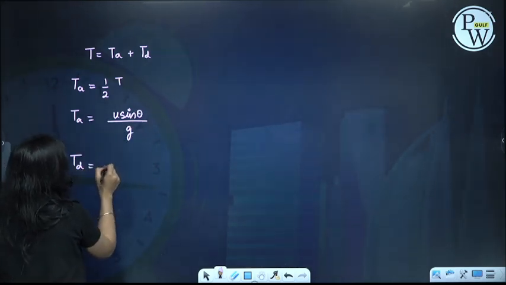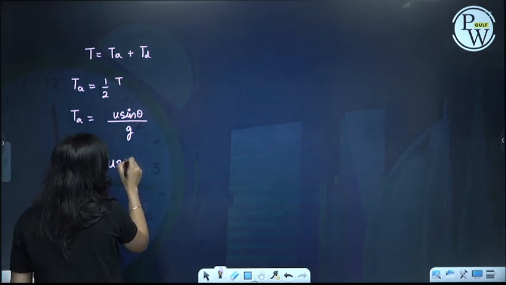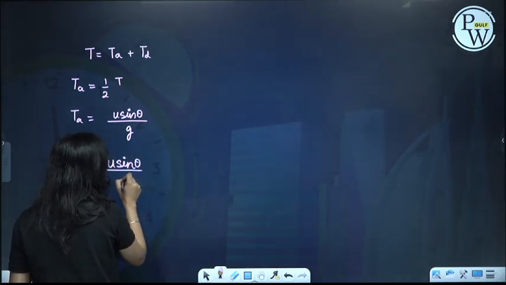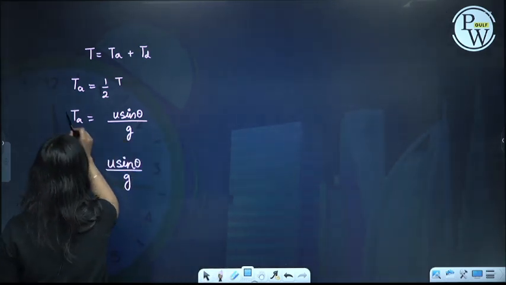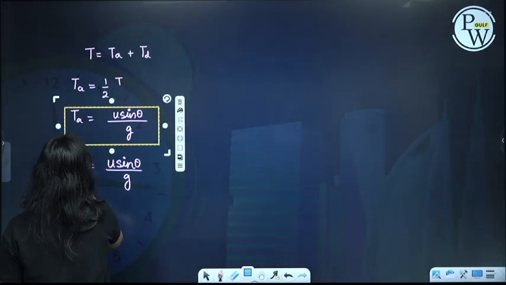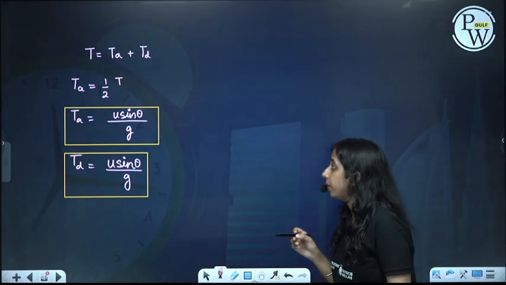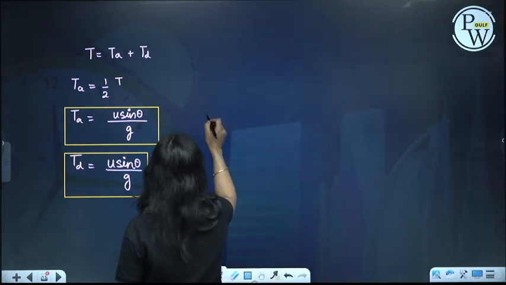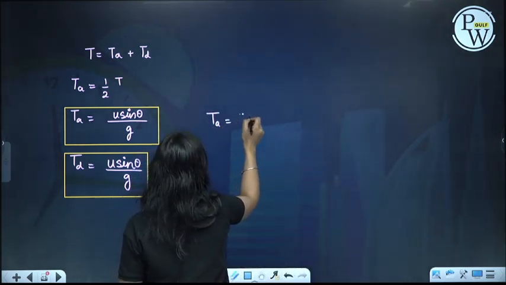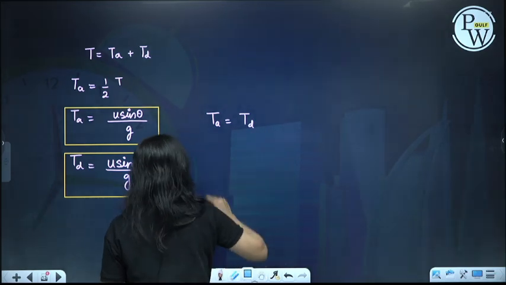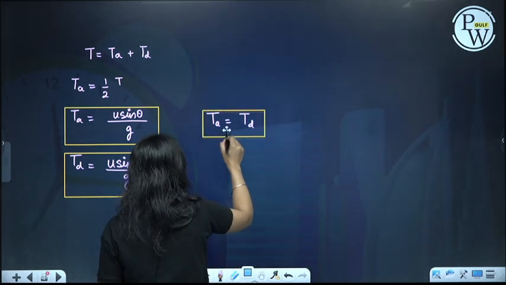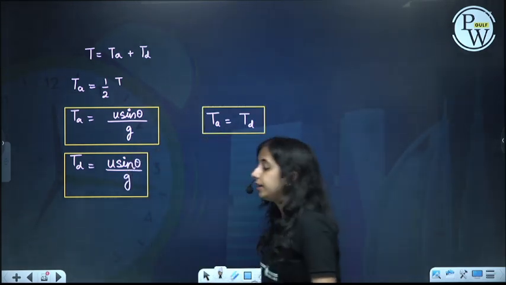Similarly, time of descent is also u sine theta by g. Time of ascent is equal to time of descent.